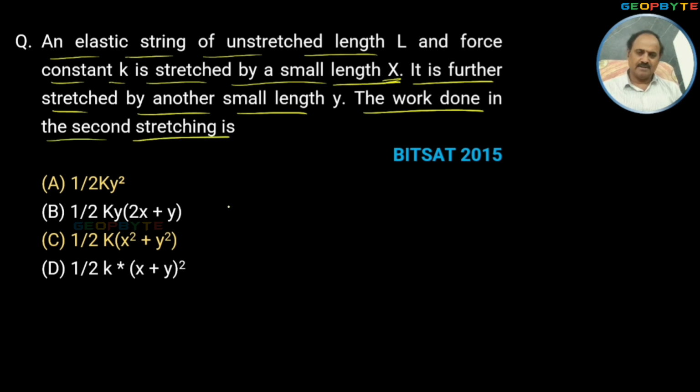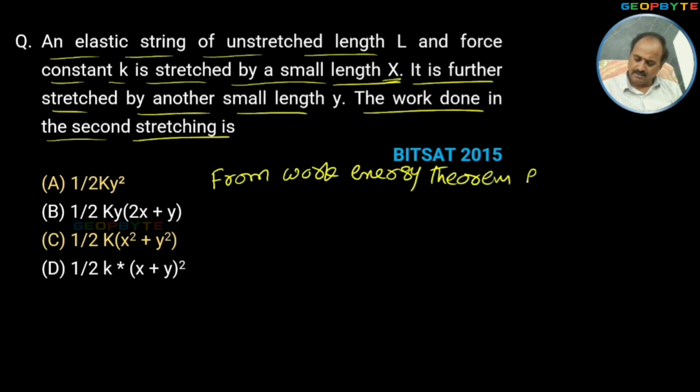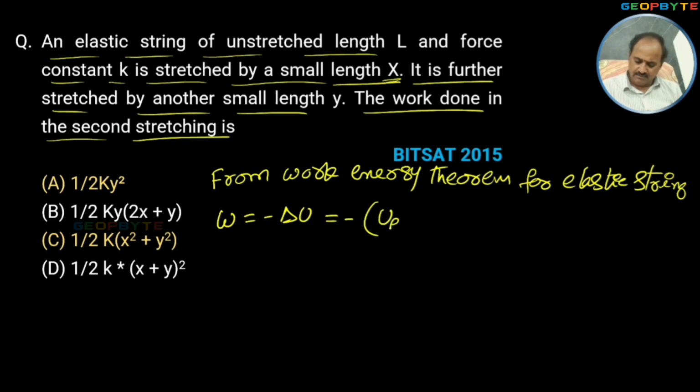Here also you need to apply the work energy theorem. From the work energy theorem, for an elastic string, you can write that work equals minus delta U. It is equal to minus, right, final energy of the string minus initial energy.